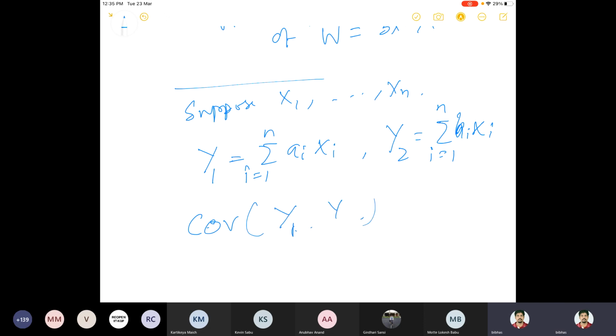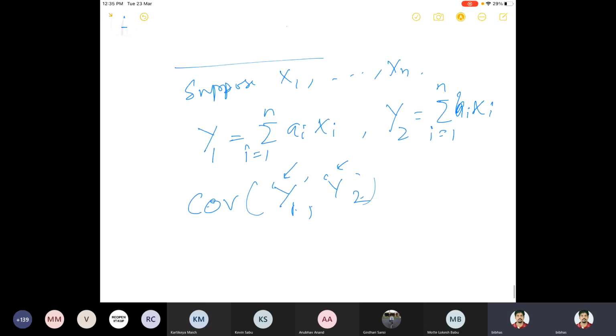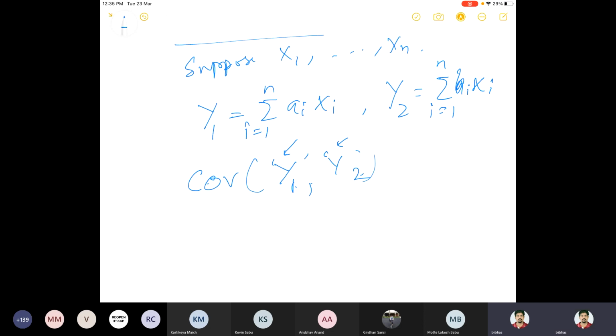So this kind of problem practically occurs in data analysis. You have to find the covariance of two random variables, each of which depends on some other random variables linearly, like a linear combination. So I'm just giving you the ready-made formula, but the formula can be proved using the same technique which we discussed before.